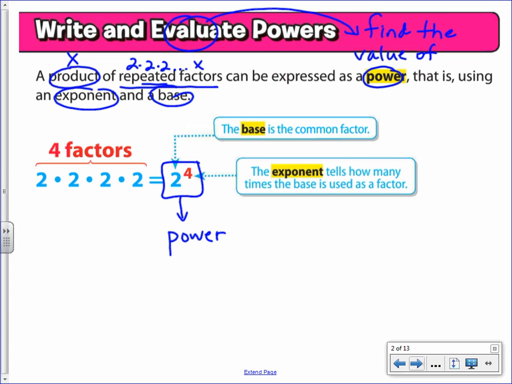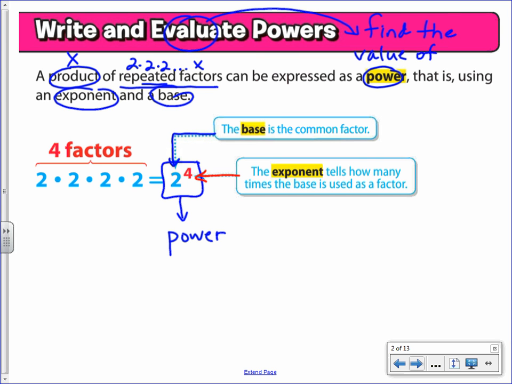The base is the common factor. We are multiplying 2 by itself as many times as the exponent tells us to. The exponent is 4. The exponent tells us how many times we multiply the 2 by itself, the repeated factor part.